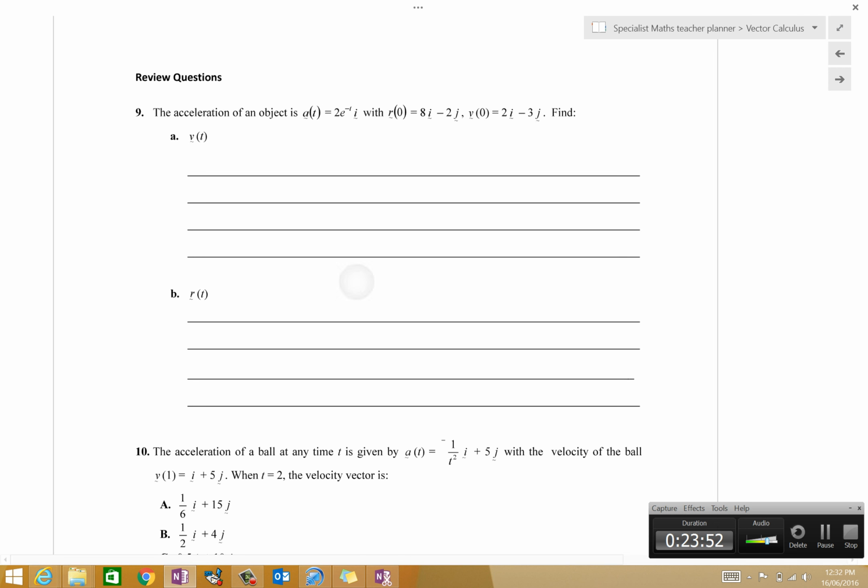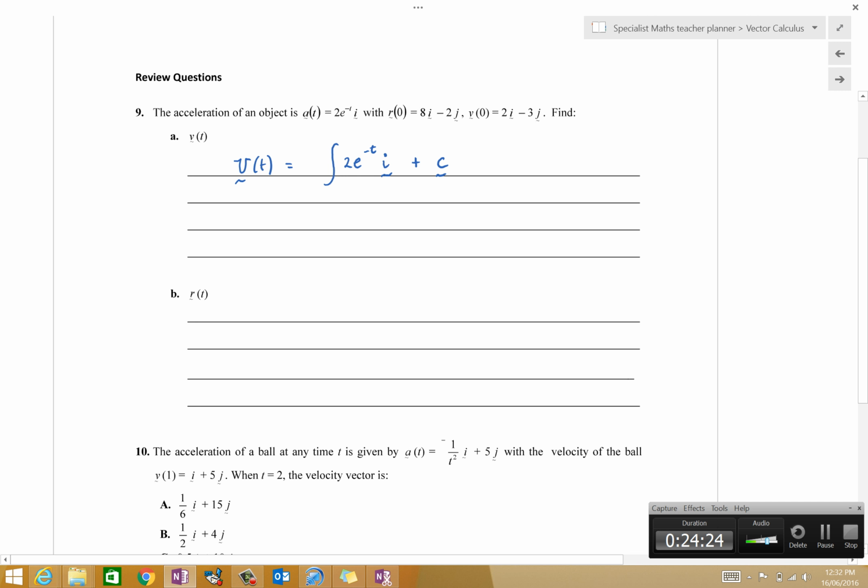So what we can say is that the velocity is equal to the antiderivative of the acceleration, which is (2 minus e to the minus t) i, and then we've got some plus c, which is this constant of integration, but it's not a constant, it's a vector.